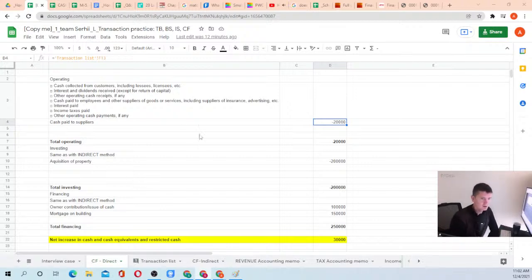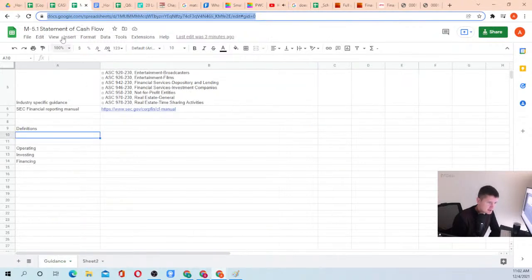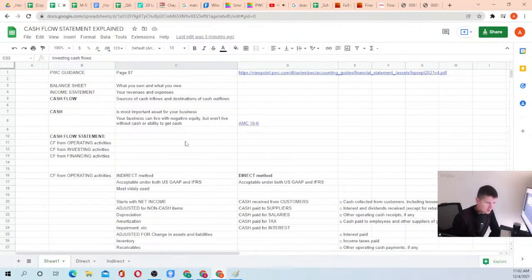Okay, so let's make a step back and do an overview. We have a cash flow statement which should show us the change in our cash and cash equivalents. It should show what were the sources of our cash in the period and what were the destinations for our cash in the period.